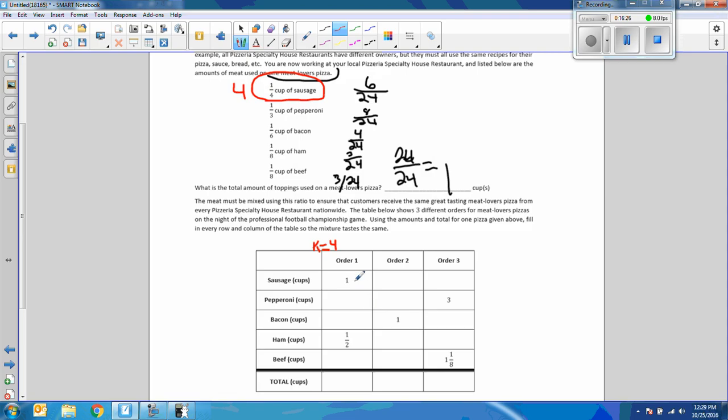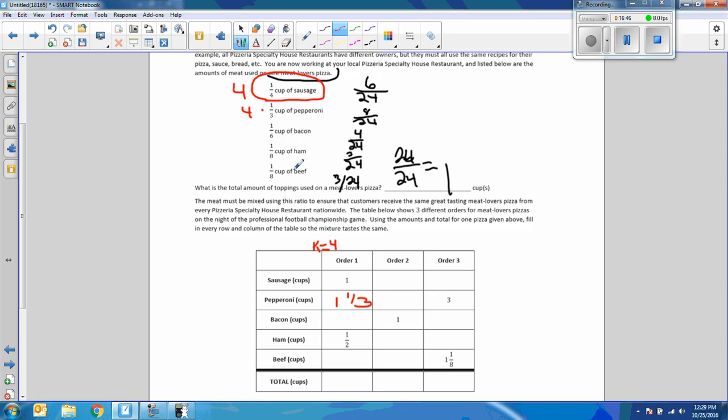In other words, we ordered 4 pizzas to get this cup of sausage. 1/4 times 4 is 1. So in that case, we're going to multiply all of these by 4. So 4 times 1/3 is 4/3, or 1 1/3 pepperoni. Okay.